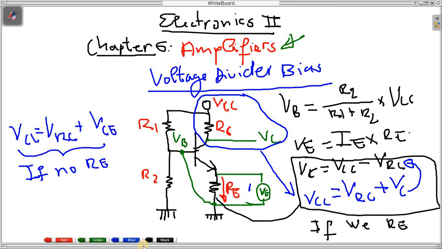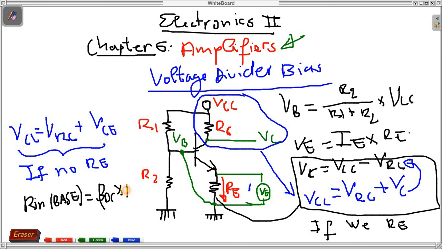These are calculations like we did for this transistor, for this circuit in electronics 1. We calculate also R in base for this circuit. R in base, I put a capital letter because it's a DC circuit. We deal with DC values, which is beta DC times RE.